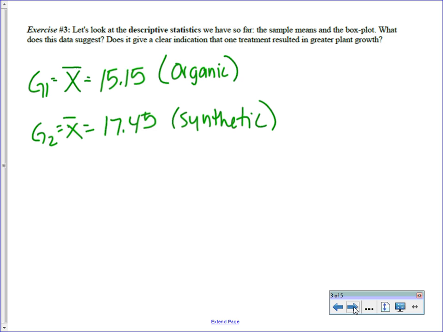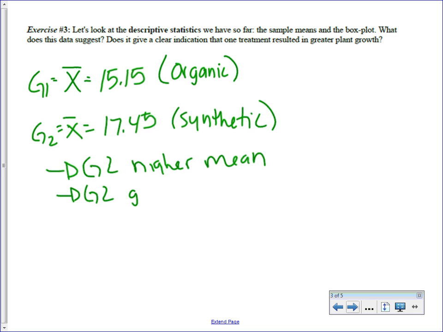These descriptive statistics also are suggesting that the plants that are given the synthetic fertilizer, not only do they grow more than the organic fertilizer, but also the mean was higher. So we said that. So group 2 has a higher mean. And group 2 grew more.